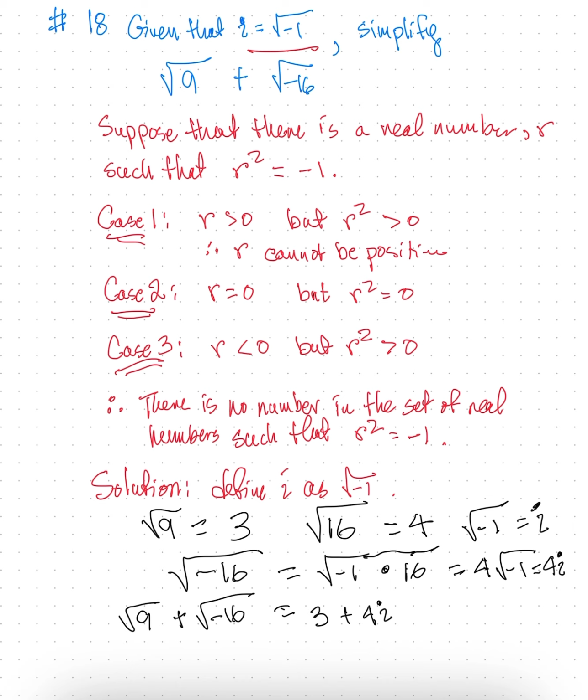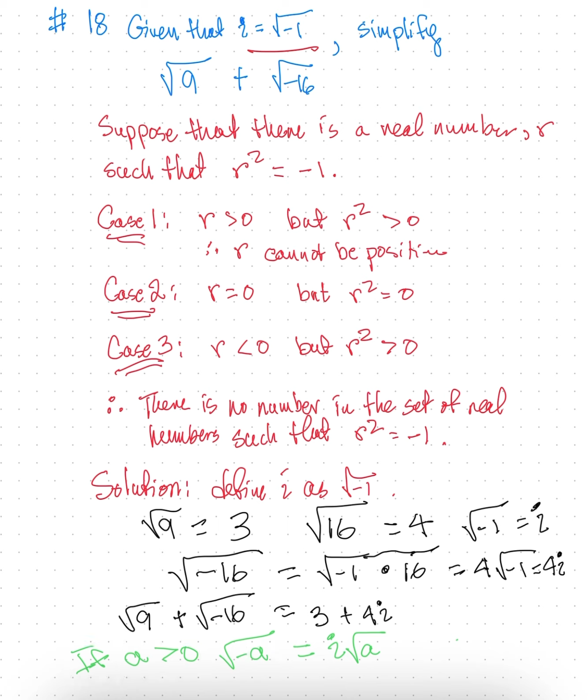Finally, I want to leave you with one other really important idea. If a is greater than 0, then the square root of negative a is equal to i times the square root of a.